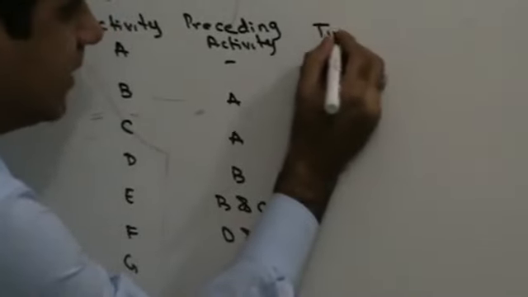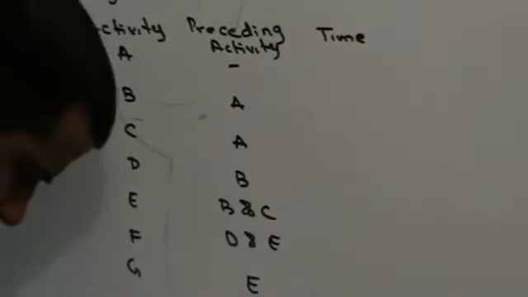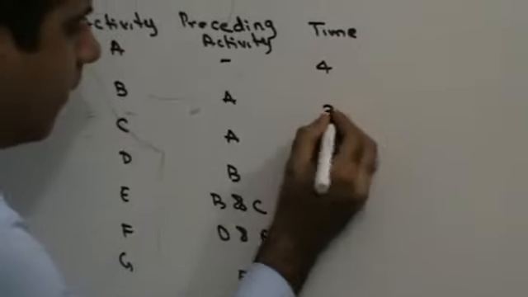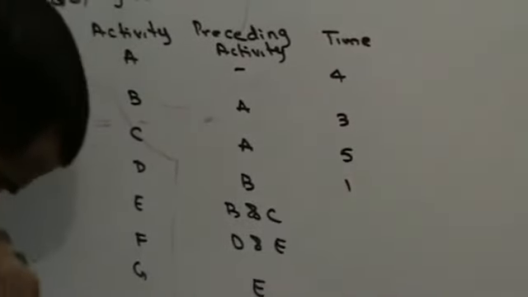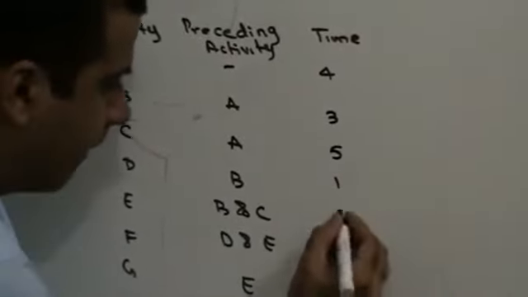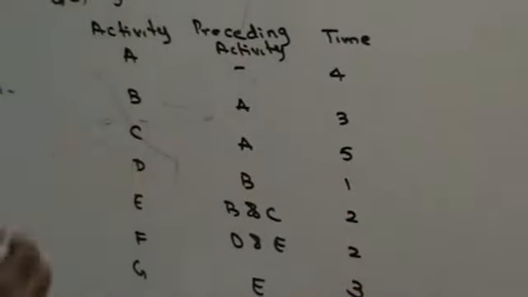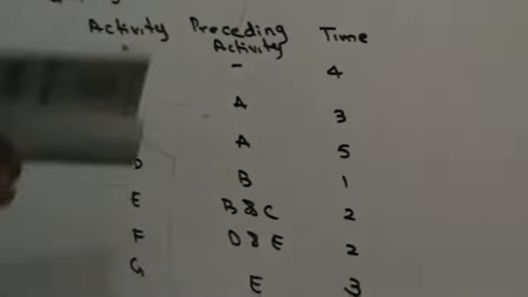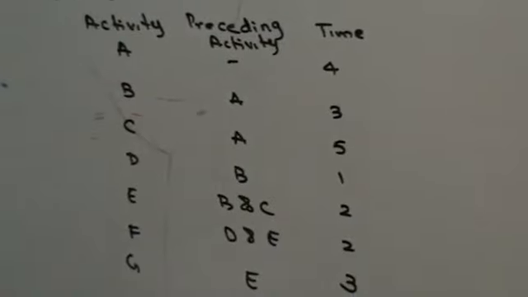Time in days is given to you as 4, 3, 5, 1, 2, 2, 3, right? Now, let's see how we do this.